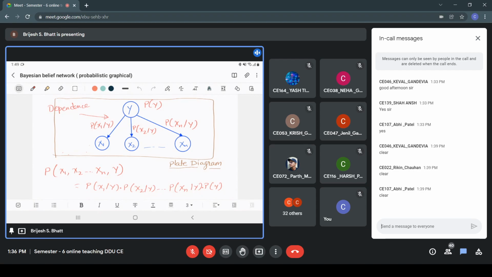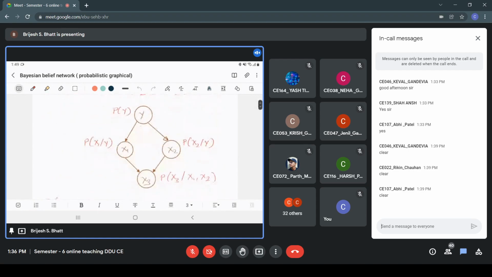Yeah, so let's see what can be a more general way of capturing dependency. For example, I can draw something like this. Now the naive assumption does not hold anymore, right? Because here the variable x3 depends upon two variables, x1 and x2.